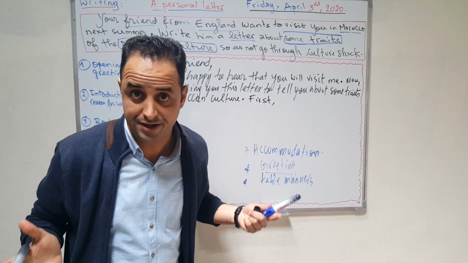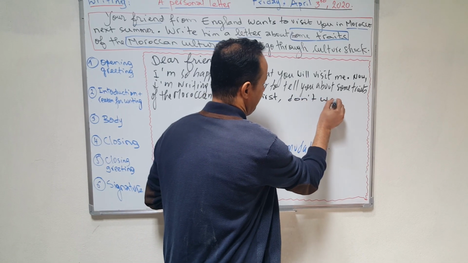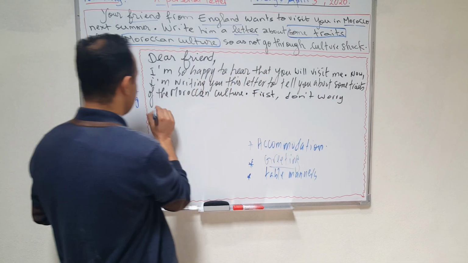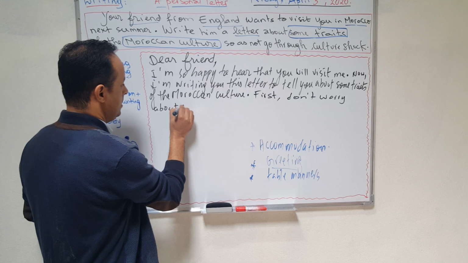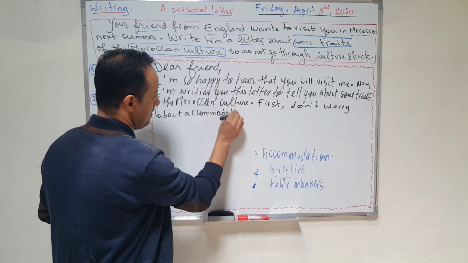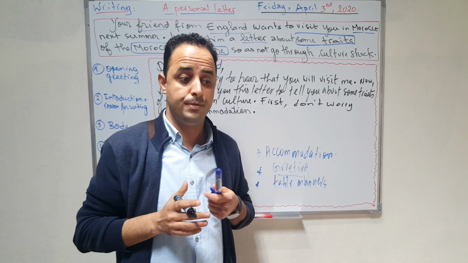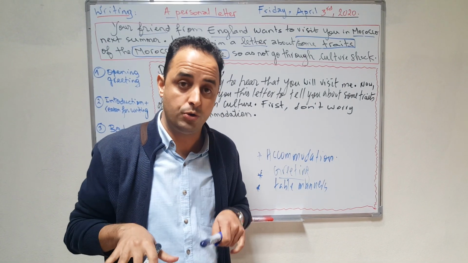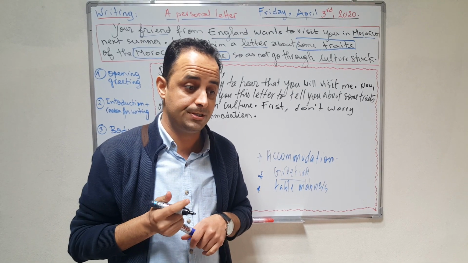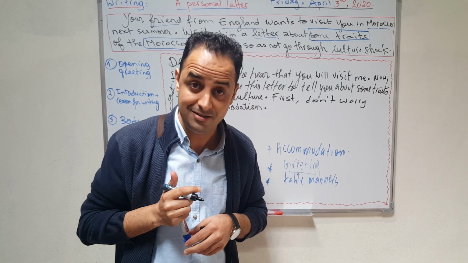So first, accommodation. I would say, don't worry about accommodation. Why? Let me tell him. Let's tell him that here in our country, there are some very important values like hospitality and generosity.